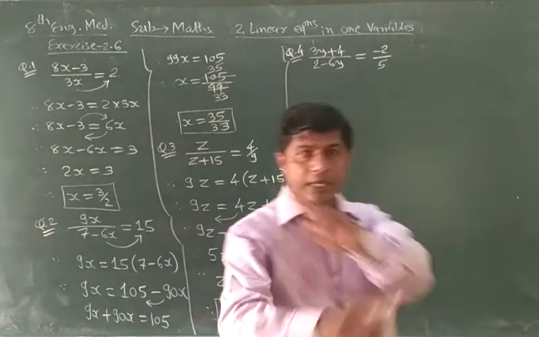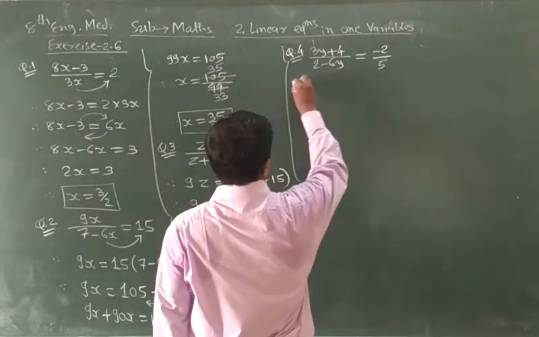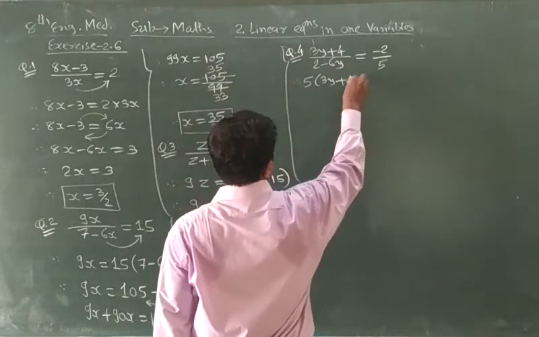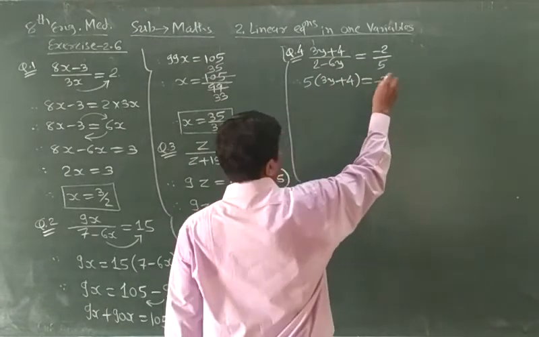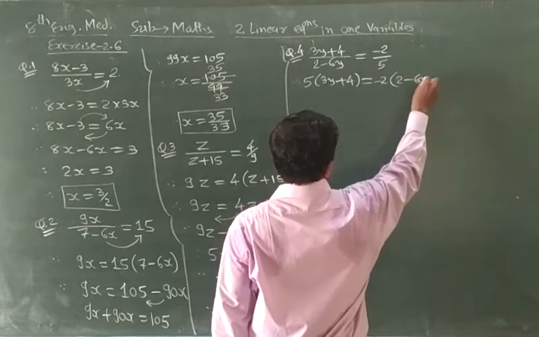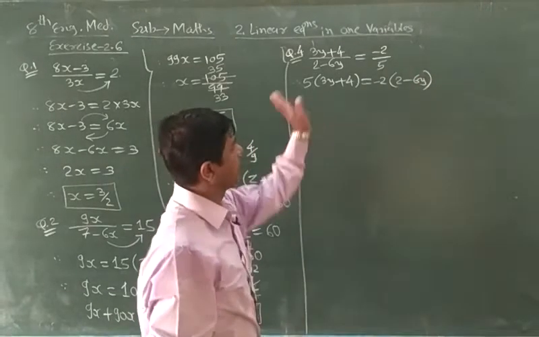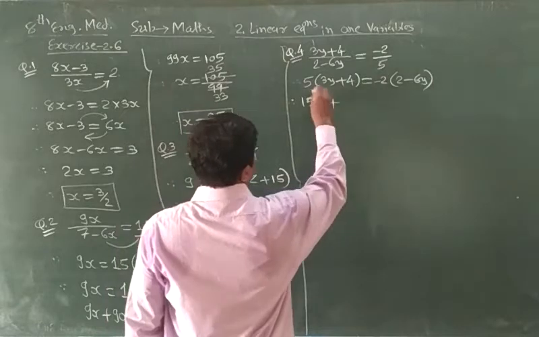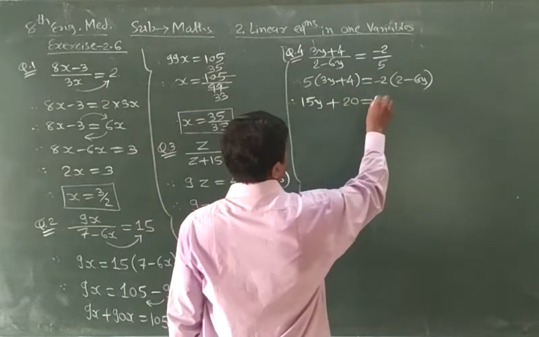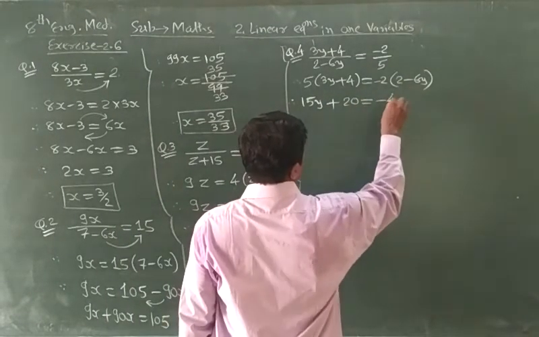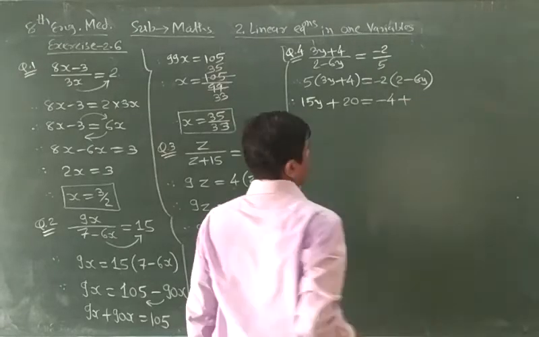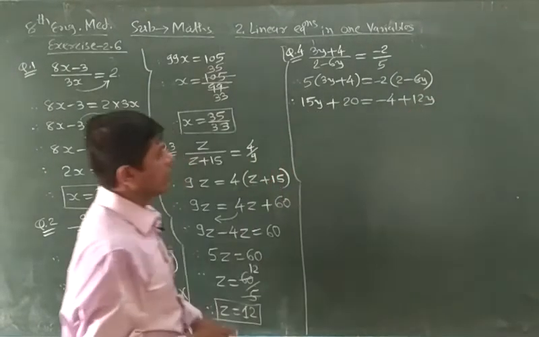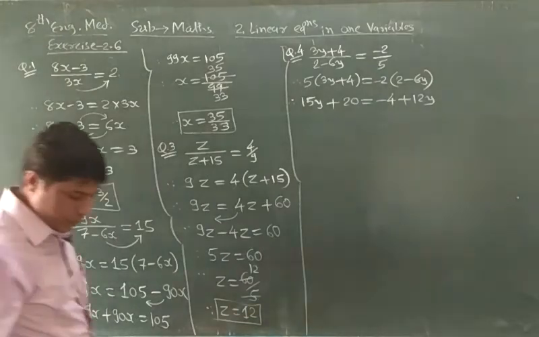Now multiply cross. So 5 times 3y plus 4 equals minus 2 times 2 minus 6y. Okay, cross multiply. 5 3s are 15y, 5 4s are 20, 2 2s are 4, minus 4, minus minus plus, 2 6s are 12y.